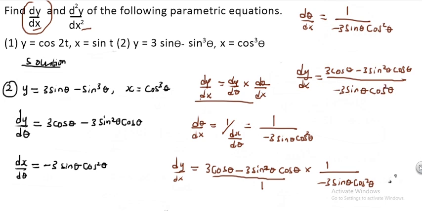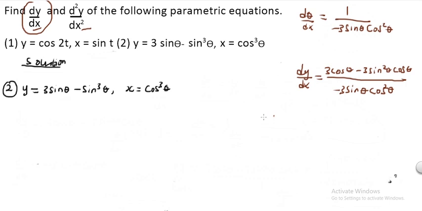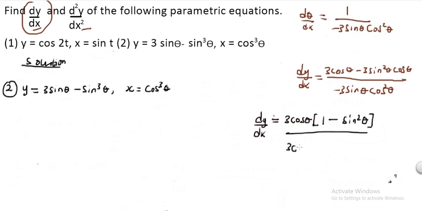So I'll clean up space before we do that, so that I can say dy/dx is equal to, if I factorize 3 cos θ, 3 cos θ here, open brackets. If I factorize 3 cos θ from 3 cos θ, I have 1 here minus. If I factorize 3 cos θ from 3 sin² θ cos θ, I have sin² θ. And then this is divided by 3 cos θ, open bracket. If I factorize 3 cos θ from this, I have minus sin θ cos θ.